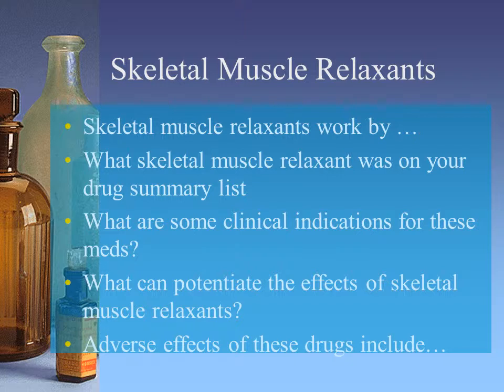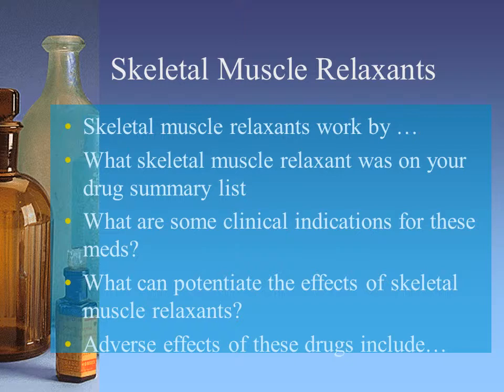Whichever specific chemical mechanism they have, ultimately they all work by limiting contractivity of the muscles, and many of them work in conjunction with blocking those neuromuscular receptors, which then will not allow the skeletal muscle fibers to slide and contract.